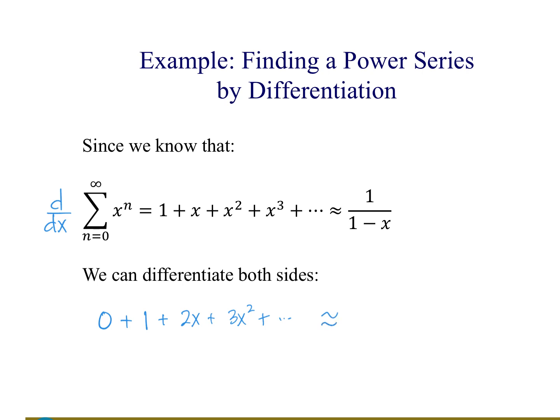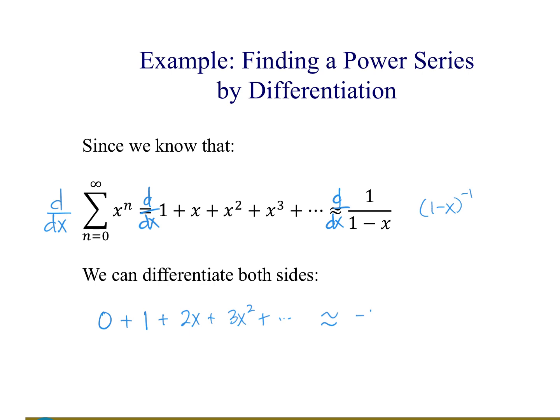And that should be equal to the derivative of, what do I want to do here? dx of the middle. And we're going to do the derivative of the last part. So to do the derivative of the last part, you want to think of that as 1 minus x to the -1, and you want to take the derivative.